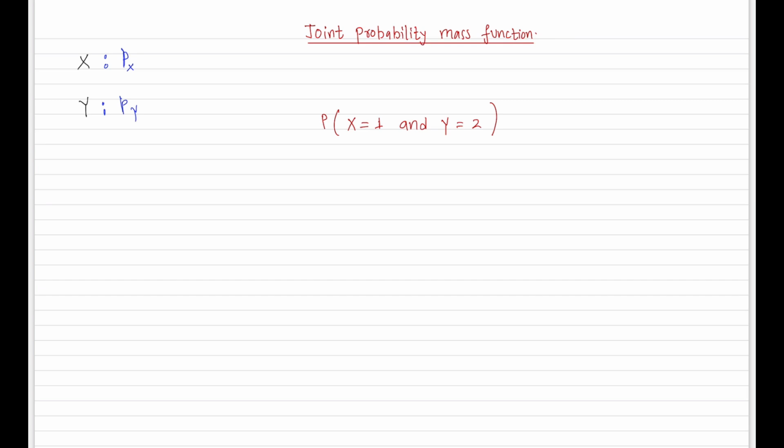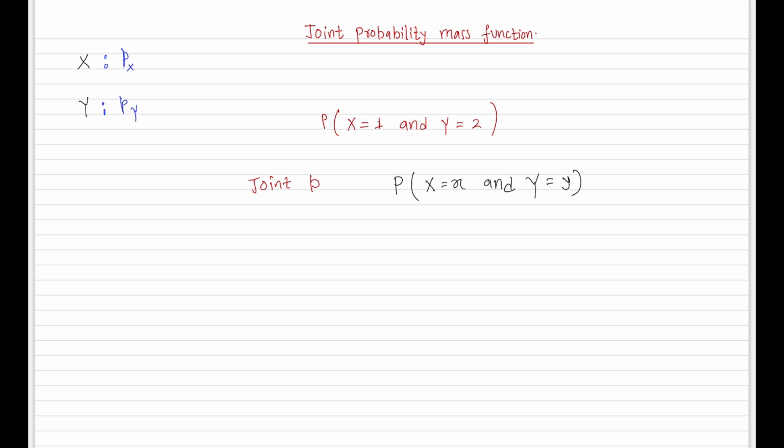Similarly, we can have the notation for the joint PMF. So what is this? This is the probability that when we carry out the experiment, we happen to see that random variable X takes the value little x, and simultaneously random variable Y takes the value little y, and this quantity we indicate with the notation small p.